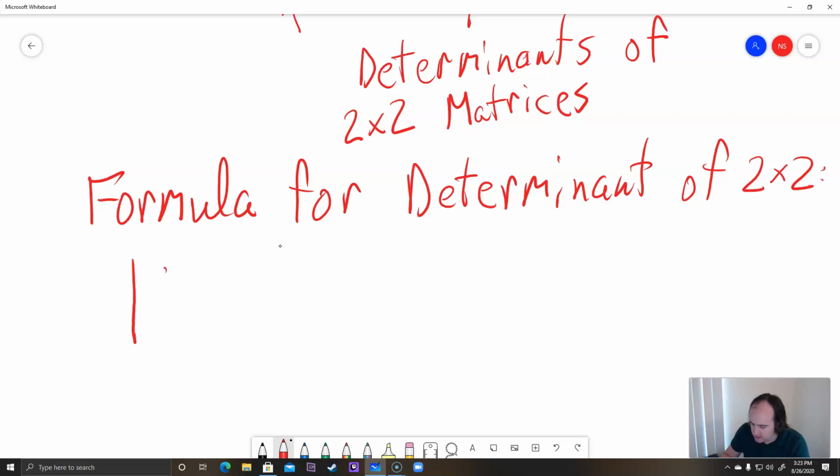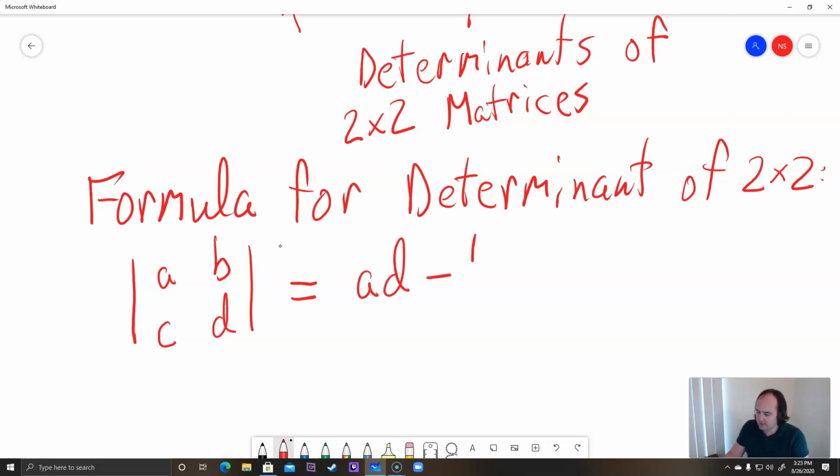So the determinant of A, B, C, D, where A, B, C, and D are going to be numbers, that's a 2x2 matrix. It turns out that the determinant of a 2x2 is given by the formula AD minus BC. Okay? So the determinant of each of these 2x2 matrices we can determine by just using this formula.